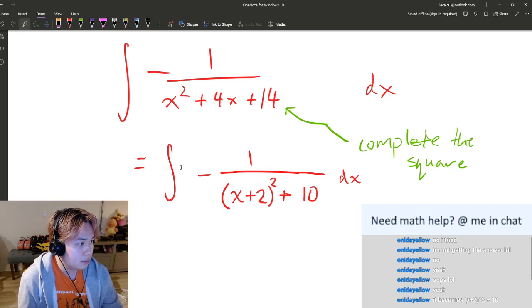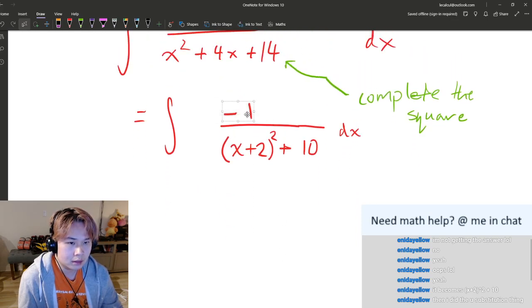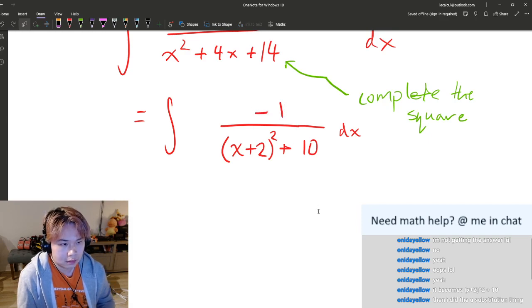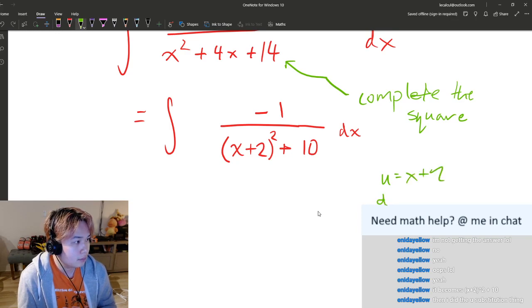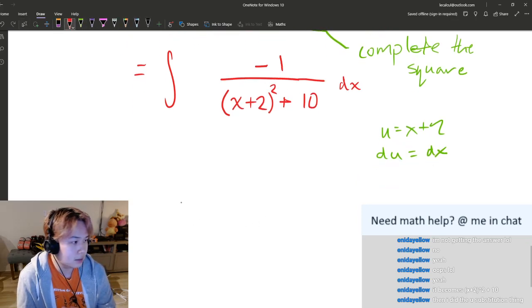And then this looks like something where you can do u sub. And then this is going to eventually turn into one of those trig integrals.